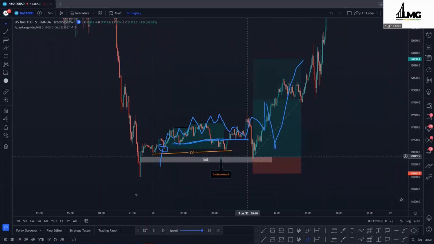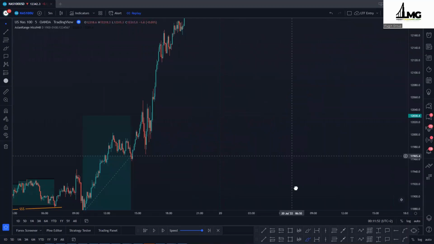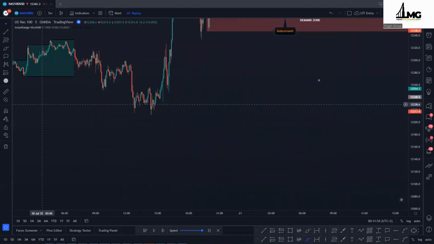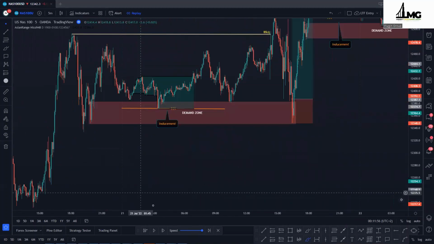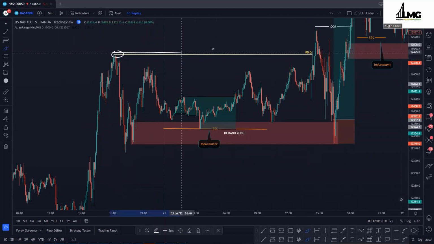Another example of inducement is when we see price pushing to the upside. Price has this interest right here, this buy side liquidity.